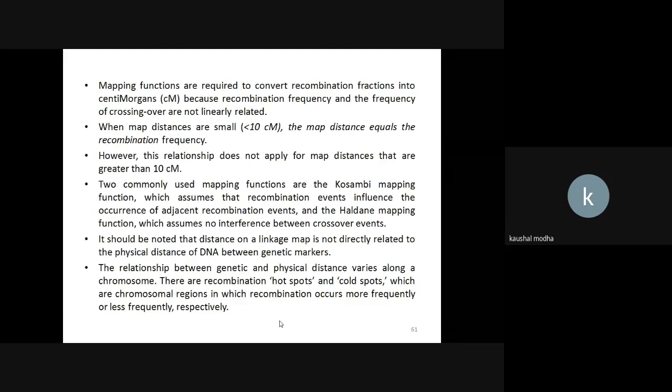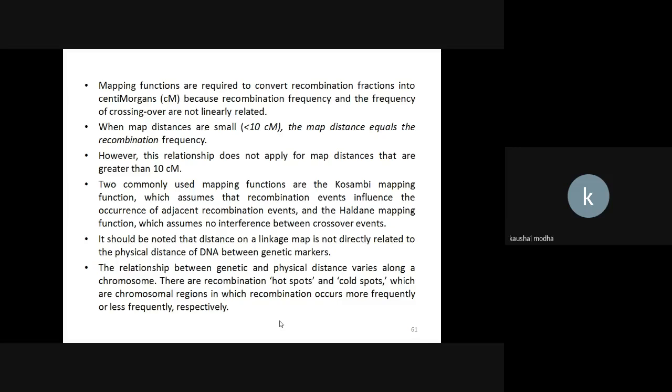So suppose there are two loci flanking the centromere, situated on both sides of the centromere, and within that region recombination rarely occurs. Now you would find a very low recombination frequency between these two loci, so you will say that they are linked.